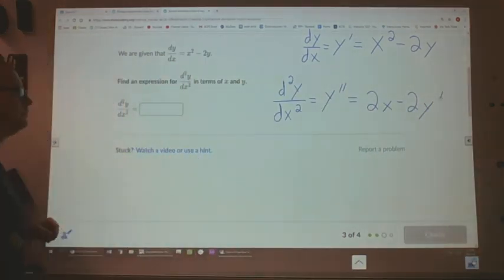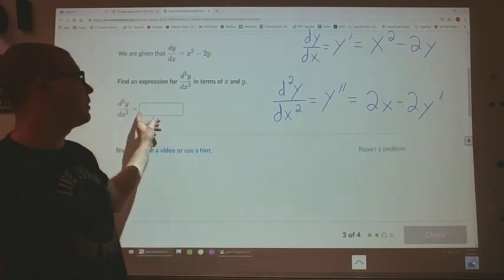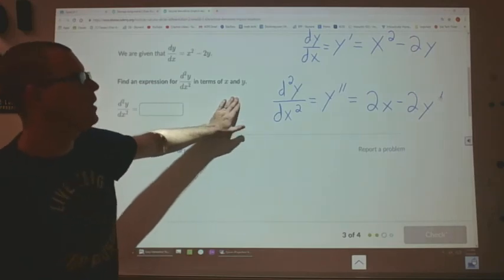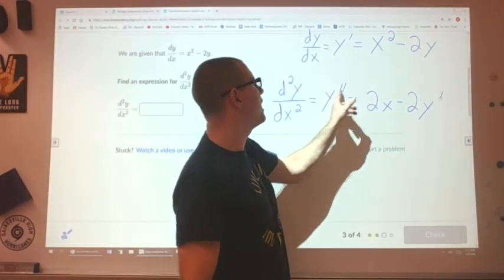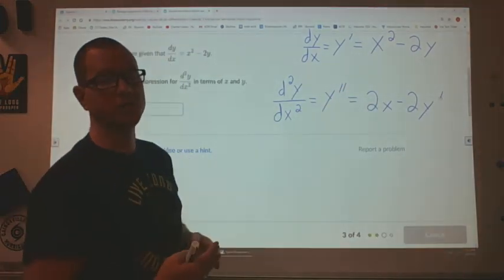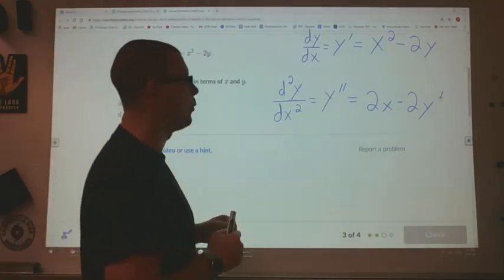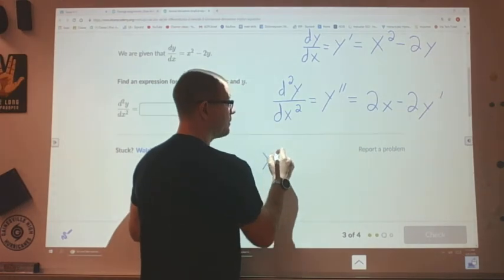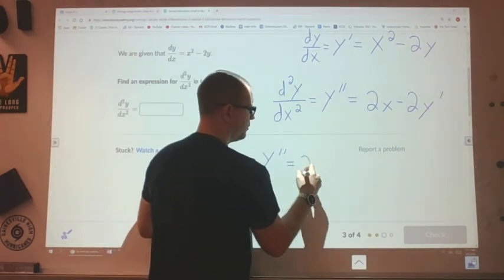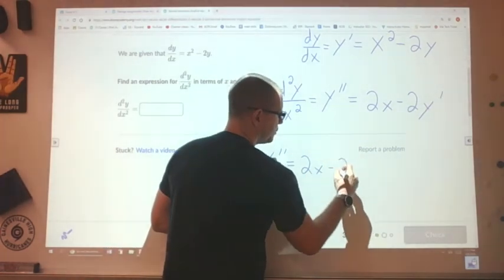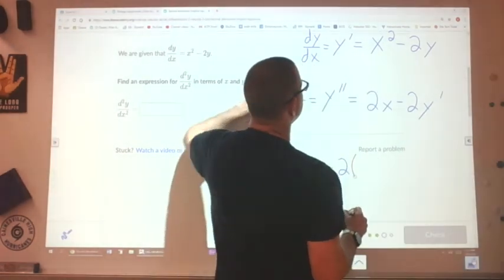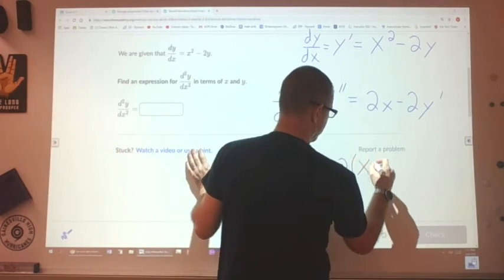Okay. But I don't want to put that down. I don't want 2x minus 2y prime in there. I want to replace that y prime with this, so that I have y prime in terms of just my original variables x and y. So that's what we're going to do. Y double prime is equal to 2x minus 2, and then that expression for y prime, x squared minus 2y.